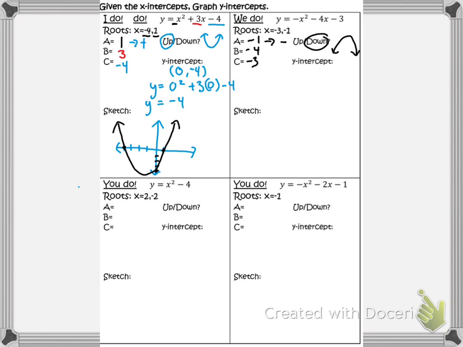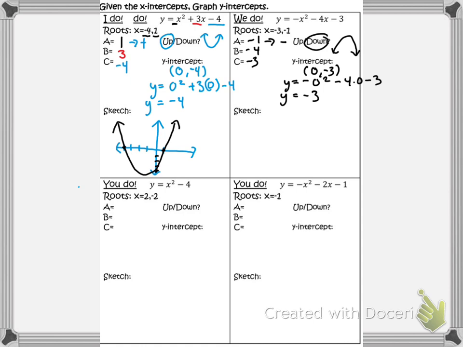And then for the y-intercept, go ahead and plug in the 0 for the y-intercept. So I have 0, comma, something. Go ahead and plug in the 0 for your x values and tell me what the y-intercept is. Let's see, y is equal to negative 0 squared minus 4 times 0 minus 3, which is going to be equal to negative 3. Does anybody see a pattern?